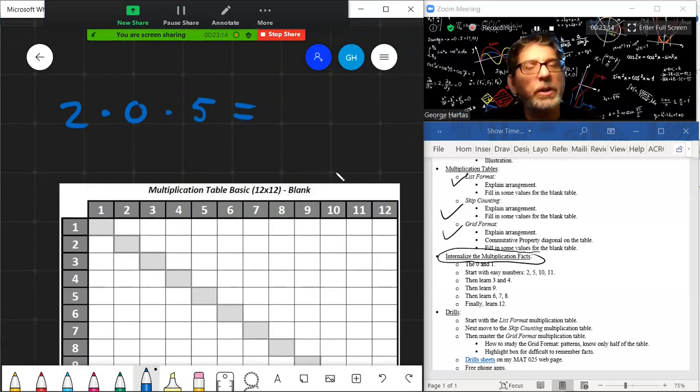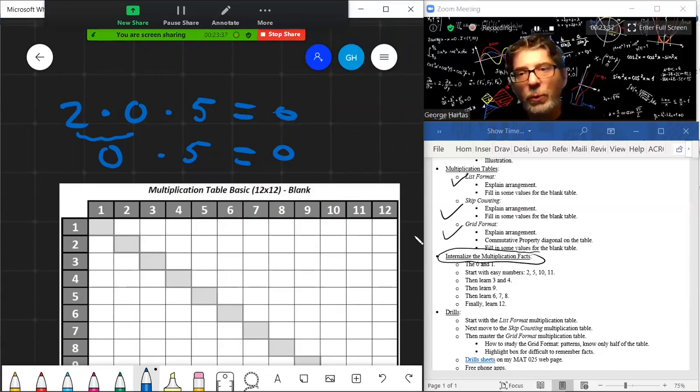What is the answer here? Okay, well, we said that 2 times 0 is 0, so 0 times anything is 0. And then you have 0 times 5. Well, again, 0 times anything is still 0. So if you have a string of multiplications going on and one of them is 0, the whole answer is 0.